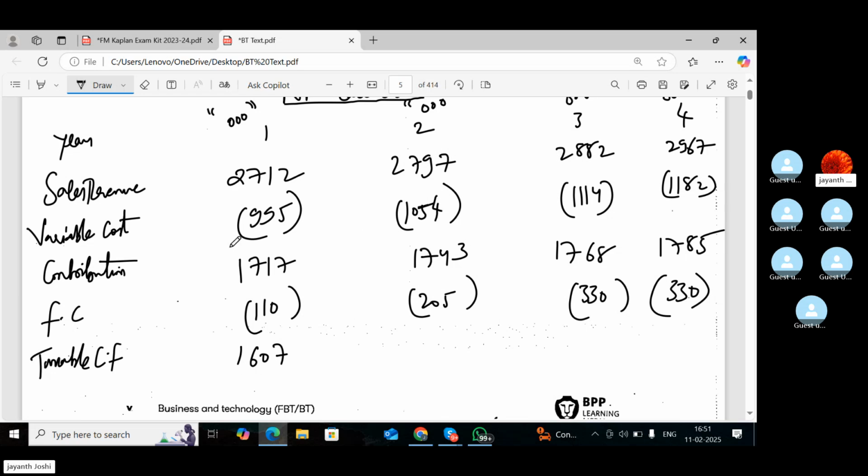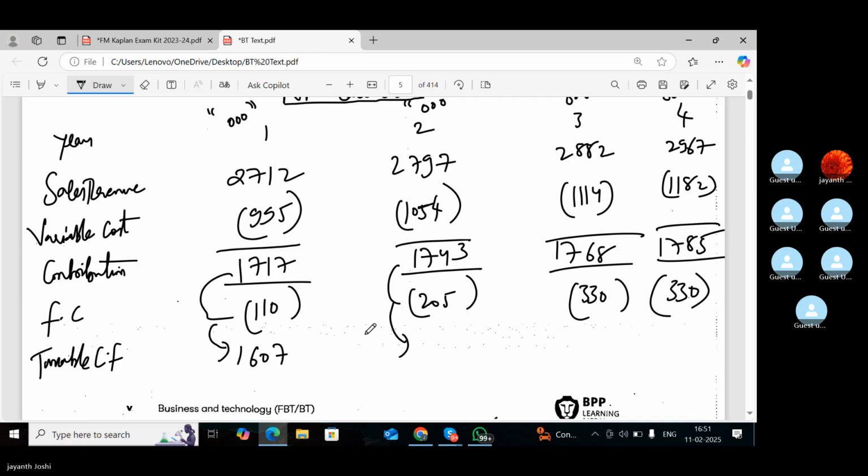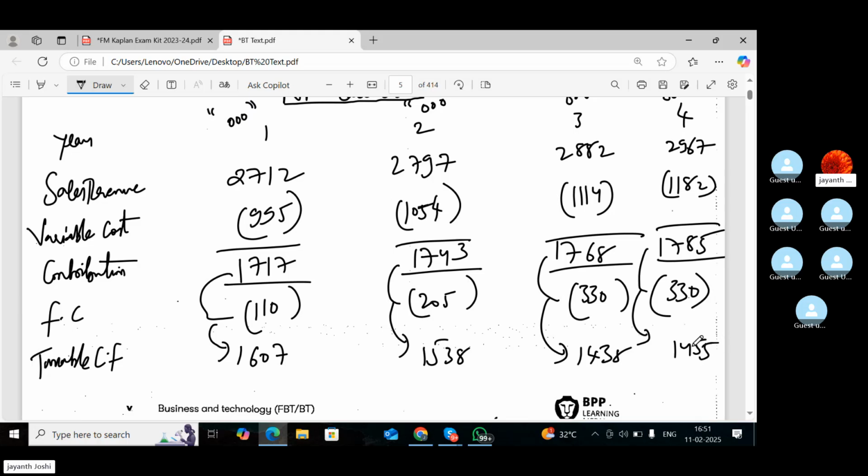Then this is the resulting figure. So 1743 minus 205, 1538. So these are your taxable cash flows.